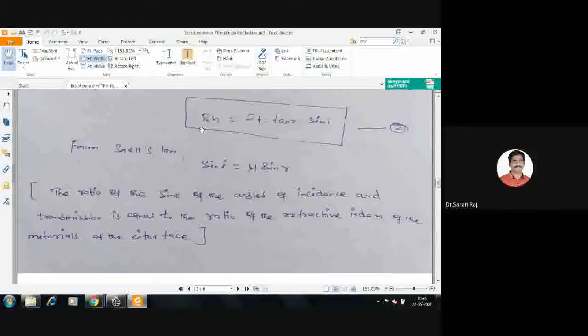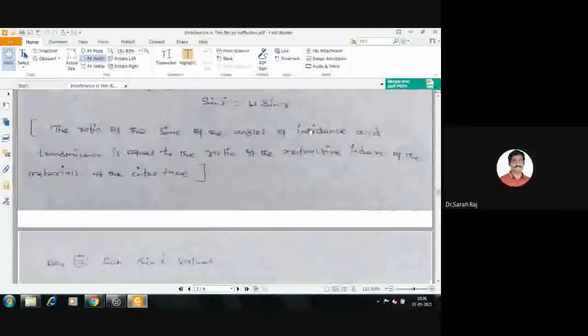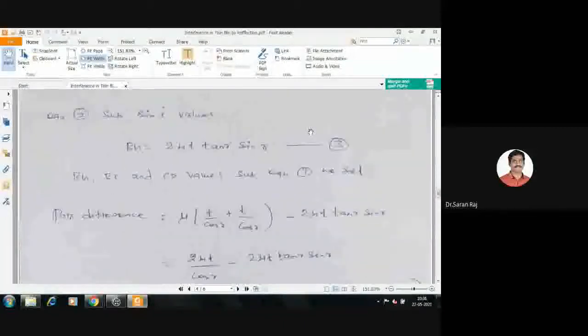Okay, so BG equals 2t tan r, and sin i can be replaced by mu into sin r. So substitute this value in equation number 2. So BG equals 2 mu t tan r into sin r.